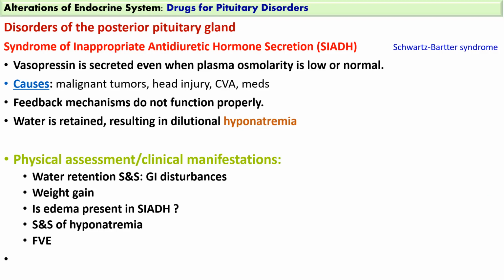Vasopressin is secreted even when the plasma osmolarity is low or normal. Causes of SIADH would be malignant tumors, head trauma, CVA, certain medications like lithium, Dilantin, phenytoin, alcohol, and other causes.